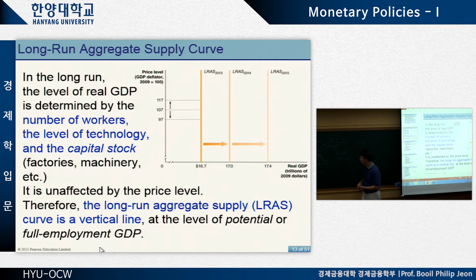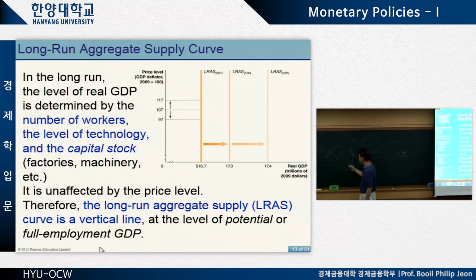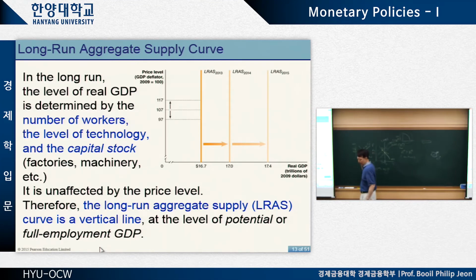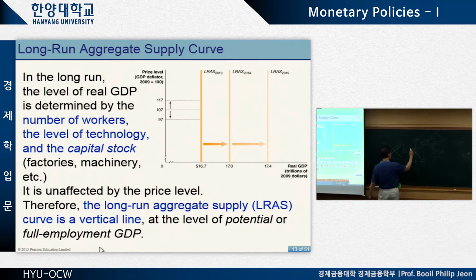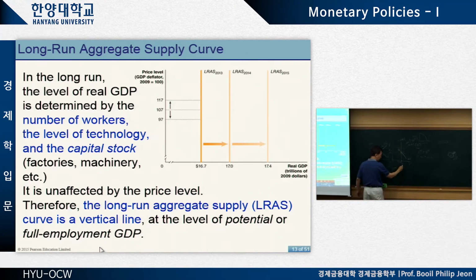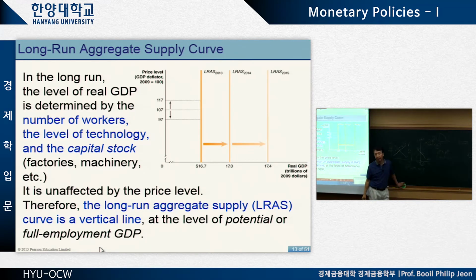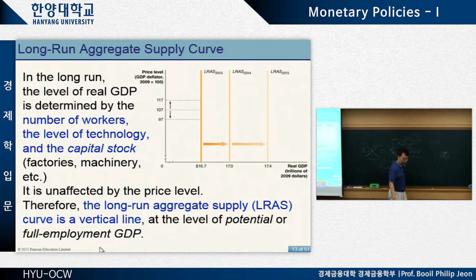So regardless of the price level, the long-run aggregate supply curve will always be vertical at the potential GDP level. Let me explain this in the next few slides.